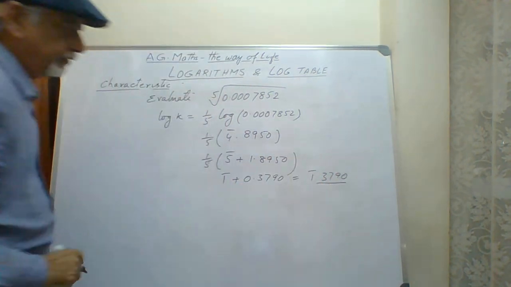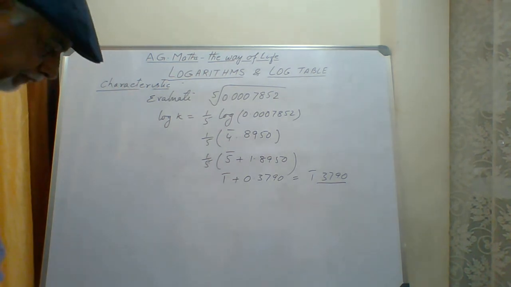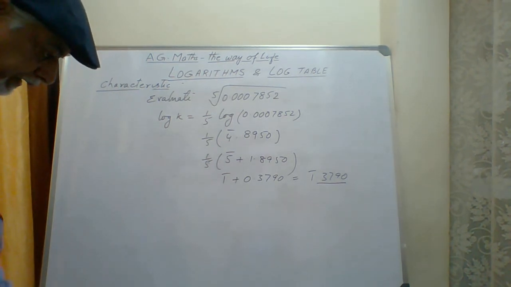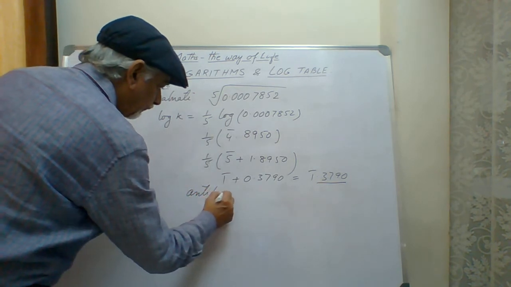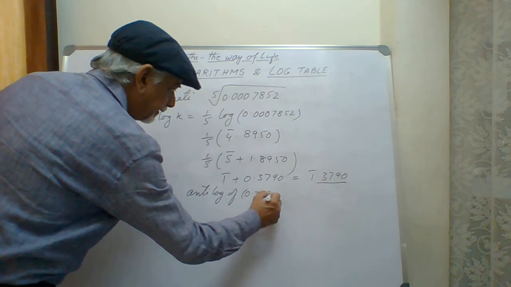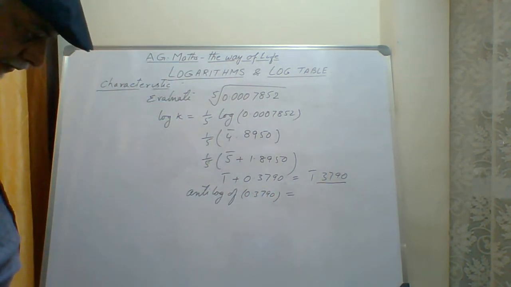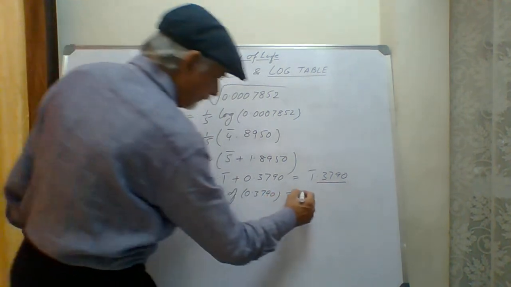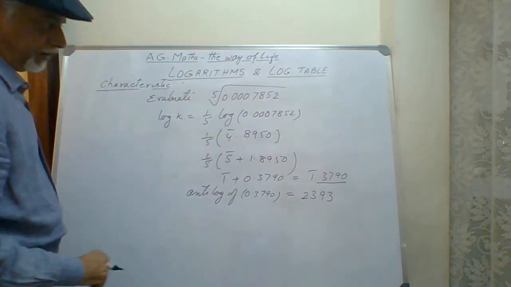Now look at the antilog of 0.3790. The antilog of 0.3790 is 2393.